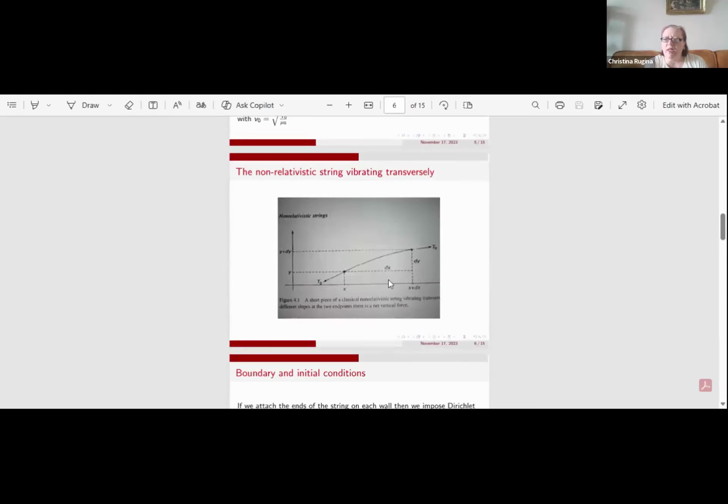Actually, if we take a look at this picture again, this angle theta is small, so the tangent is dy/dx, and so the sine of the angle is approximately the tangent of that angle, which equals the angle itself. We will need that to derive the equations of motion, which are, as I said, the wave equation.